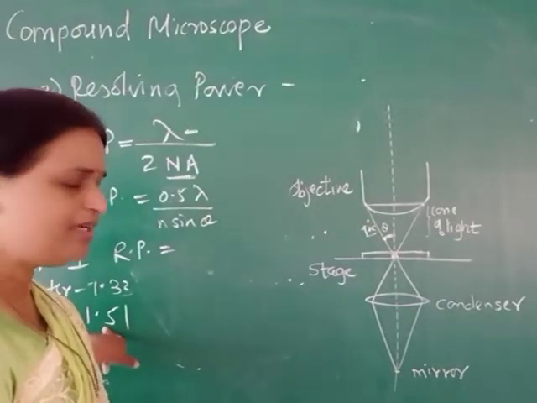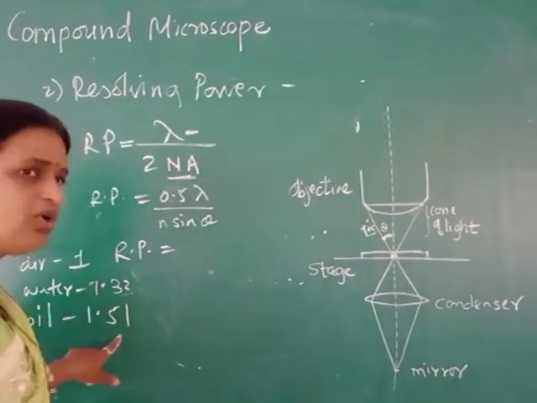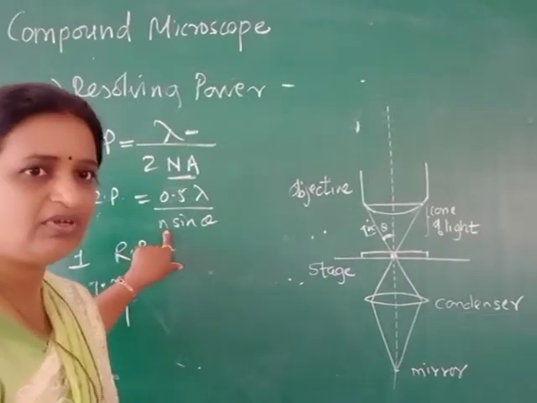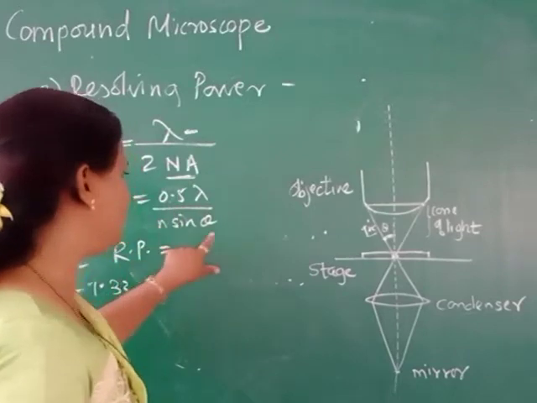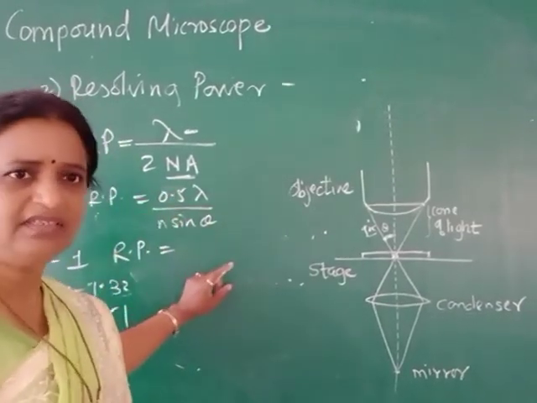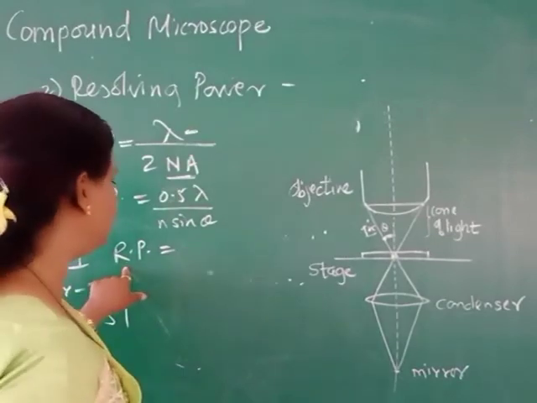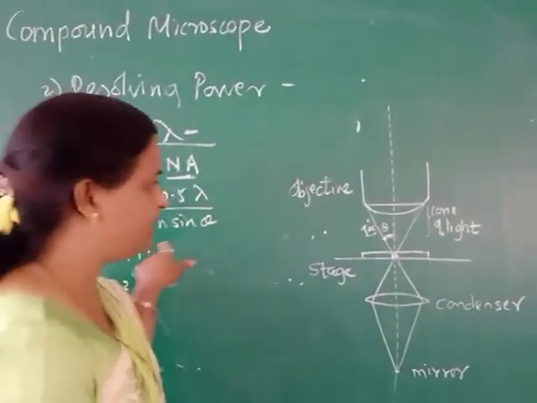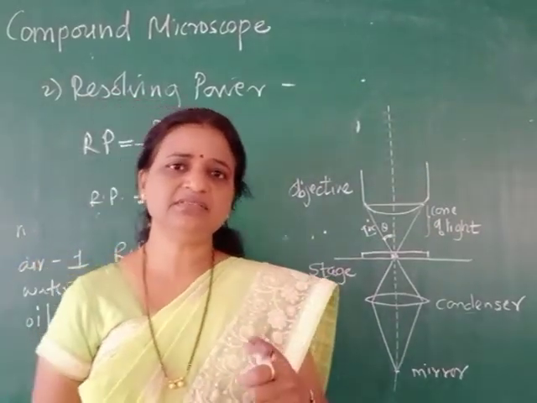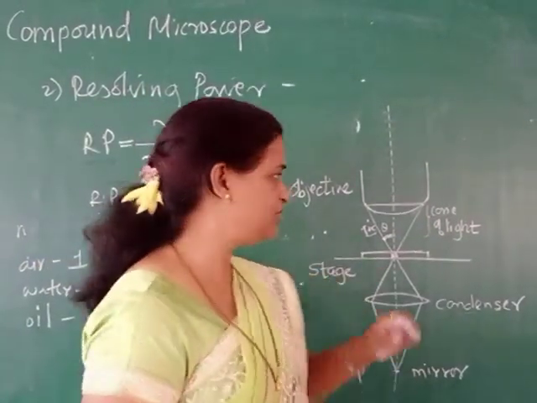So we can use oil to increase the value of n, and ultimately the denominator is increased, which gives a lower value of the resolving power. That's why oil is used while working with the 100x oil immersion objective.